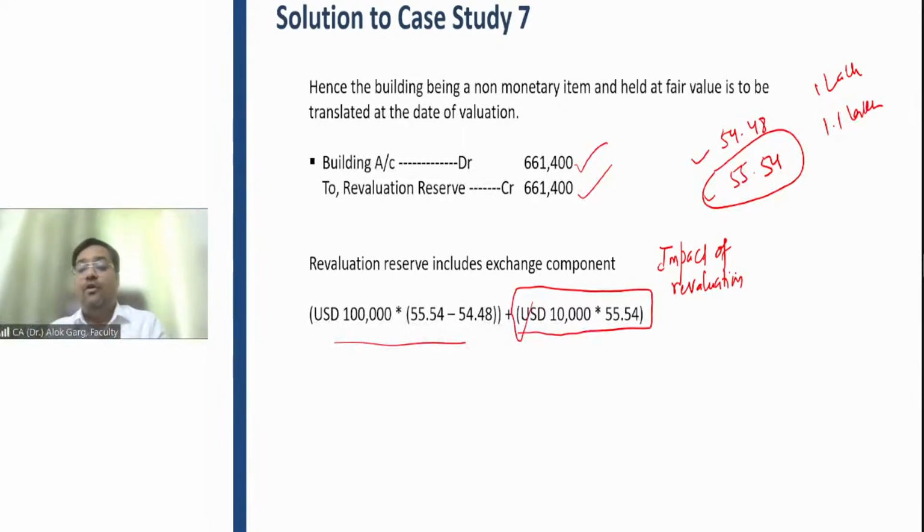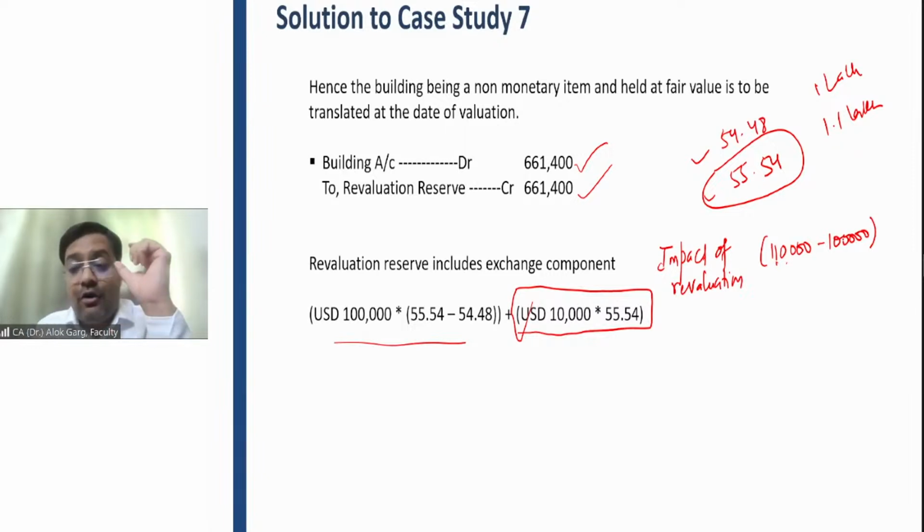What is the impact of revaluation? 1,10,000 minus 1 lakh. So what is the change in the fair valuation? 10,000 multiplied by, if the rate would not change, right? If the rate would not change, then what is my impact of fair valuation? So 1,10,000 minus 1 lakh, multiplied by the old rate, which is 54.48, right?